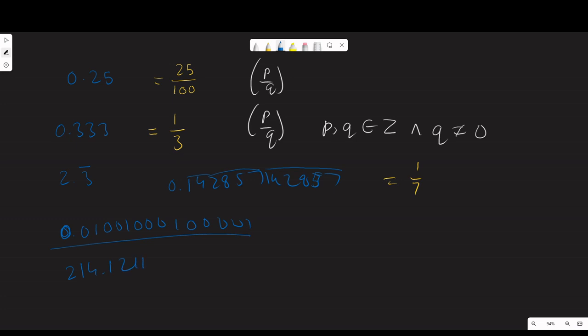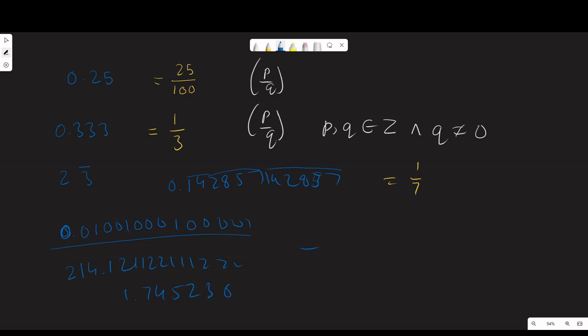I can give you another example: 214.121122112222. This is also non-periodic, non-terminating, and non-recurring, and this is also irrational. Any non-terminating, non-recurring decimal represents an irrational number.